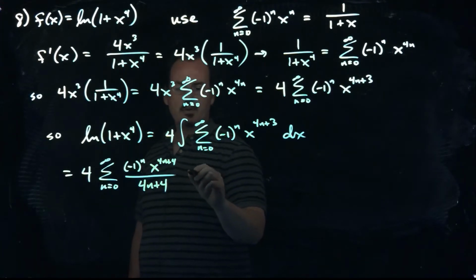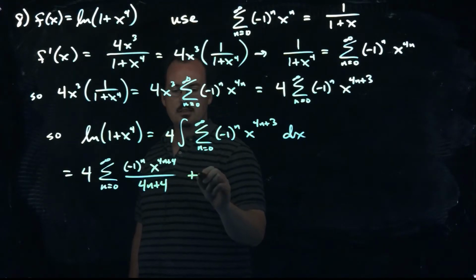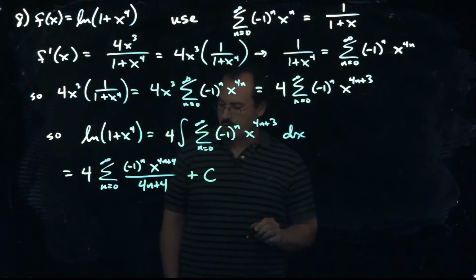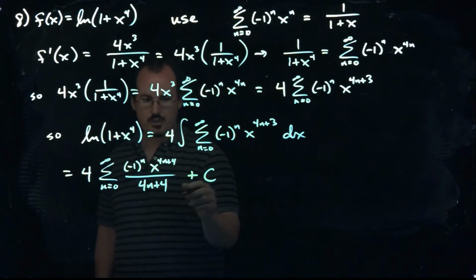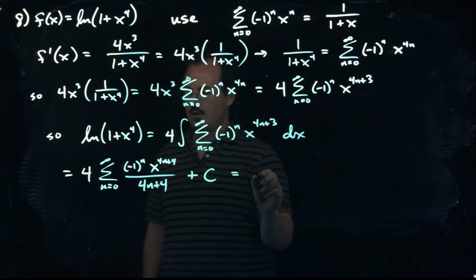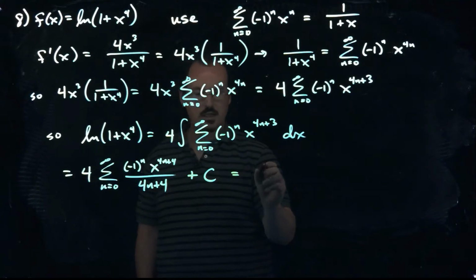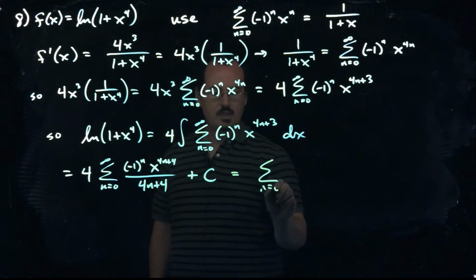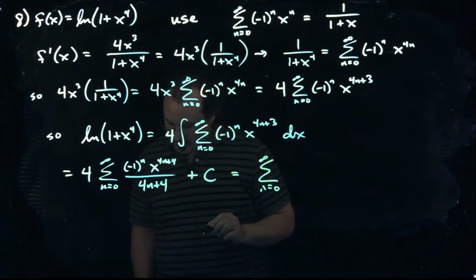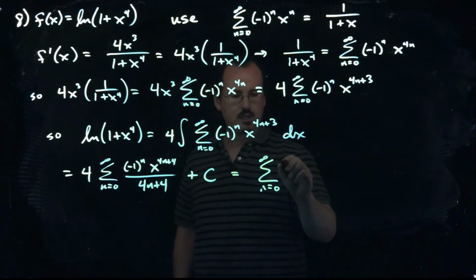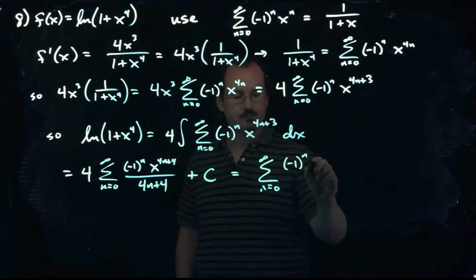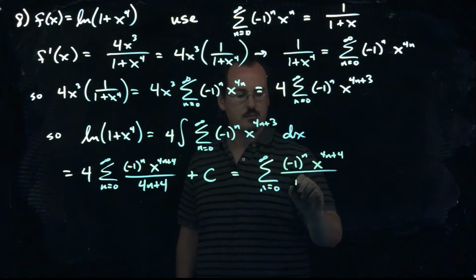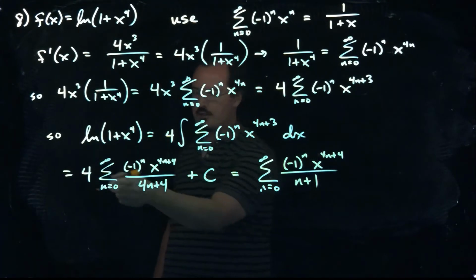And then we'll have a constant attached to this. You can notice that there's a 4 in the denominator, so you can factor that out, and it will cancel with the 4 that's there. So what we're left with is x to the 4n plus 4 over just n plus 1, after factoring out the 4 and canceling.